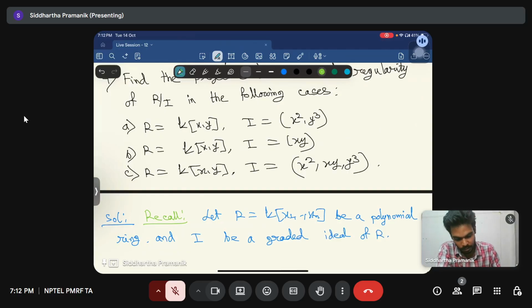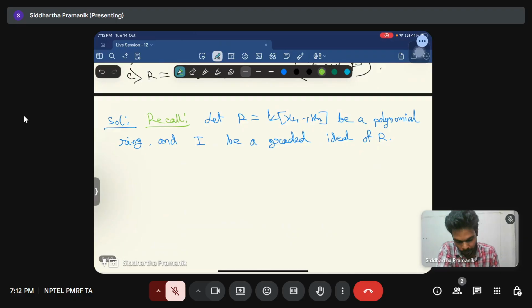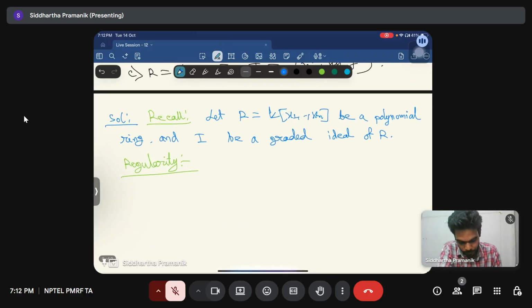Then the first is regularity. So we already know the graded Betti numbers.